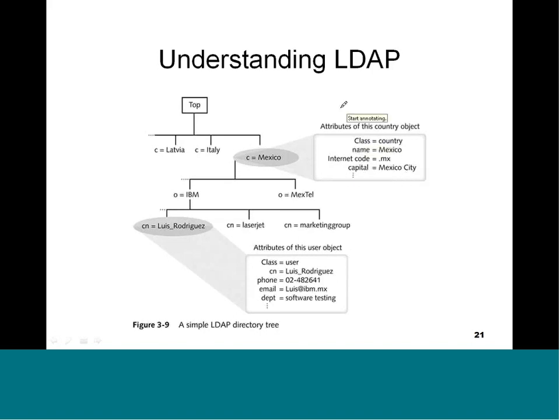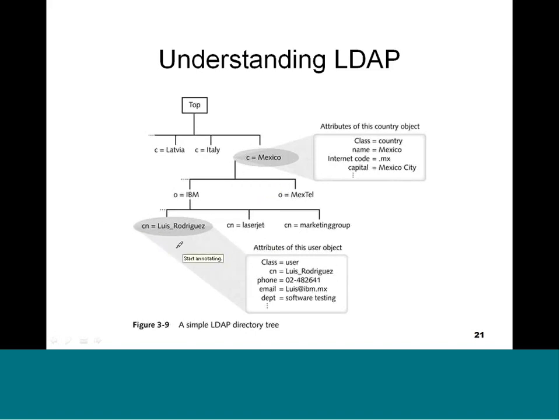So these are the four items for this particular LDAP. Under Mexico you can still have IBM and Nextel, and in fact you can also have them in Italy if you have ties with Italy, and then you progressively go down.